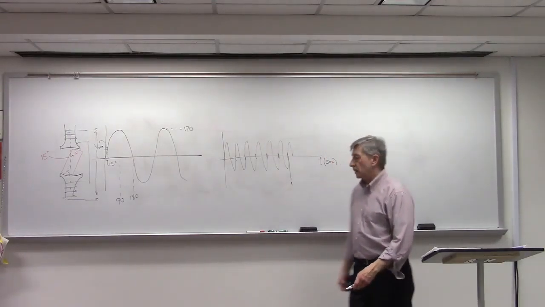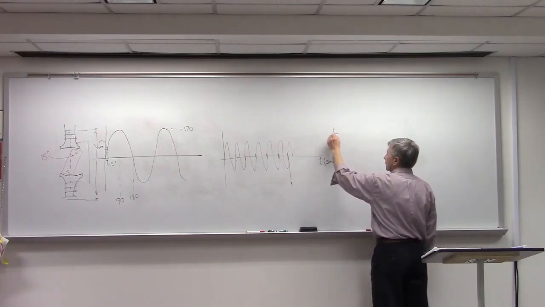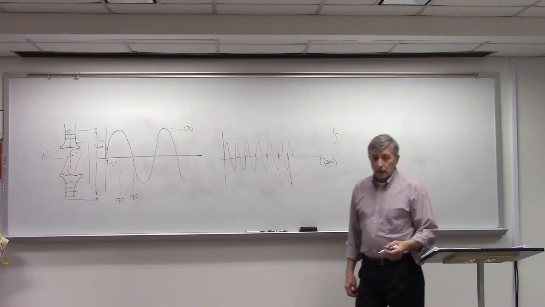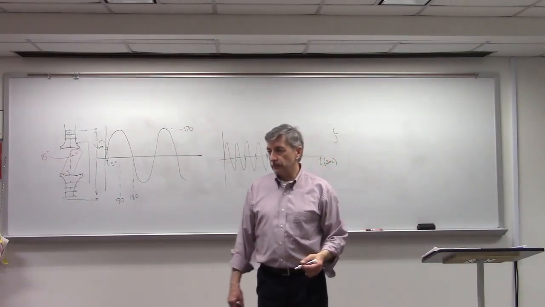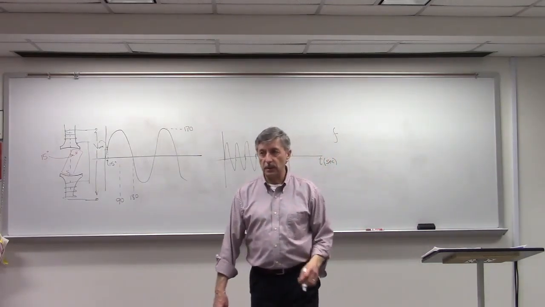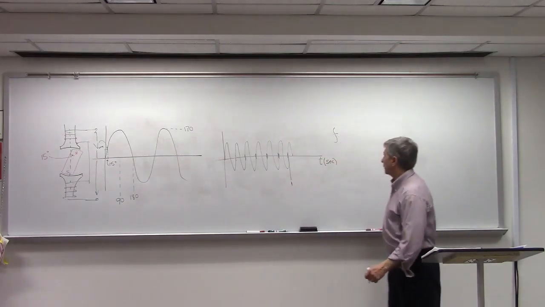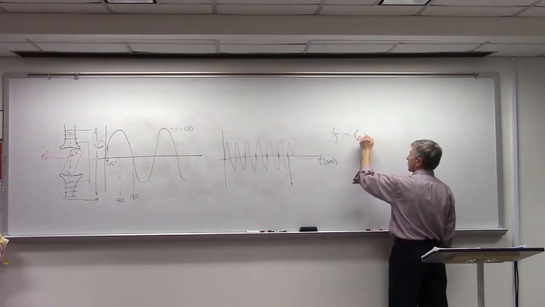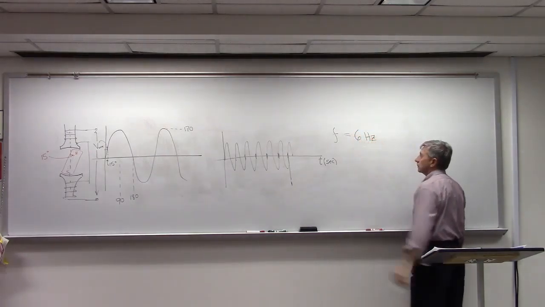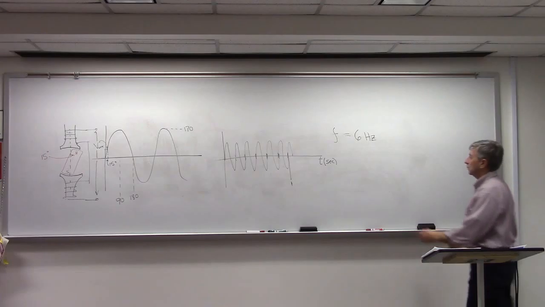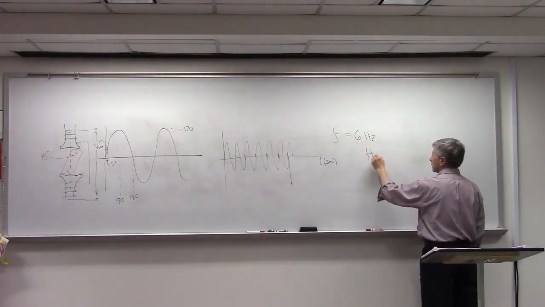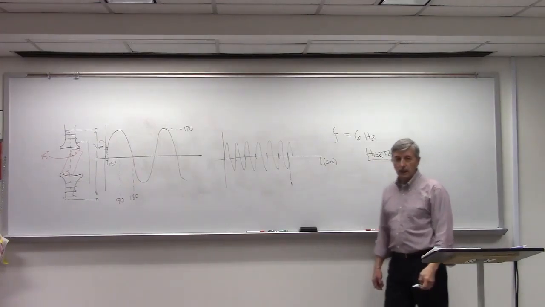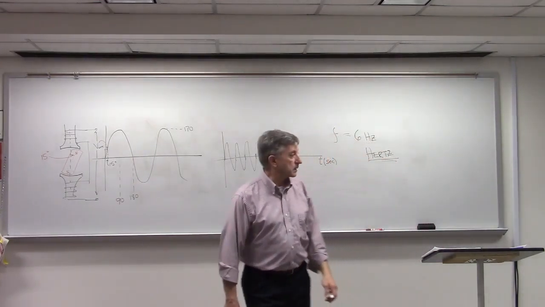Okay, and the designation for the frequency is F, and it's measured in hertz. I know just as many people who say cycles per second, but if you were talking about that sine wave, it would be 6 hertz. HZ, which is named after an early engineer in the early 1900s.